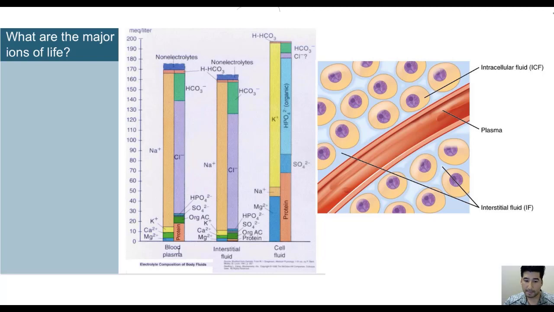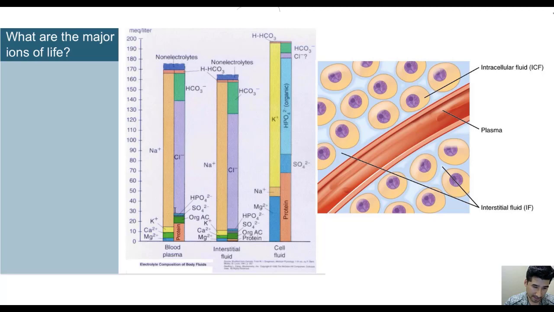All right. So going back to blood plasma, if we look at the right column, the amount of protein ranges from 0 to about 18 milliequivalents per liter. It's kind of low. Then you have the organic acid, I'm going to say that's acetate. Doesn't matter. Let's just go to chloride.